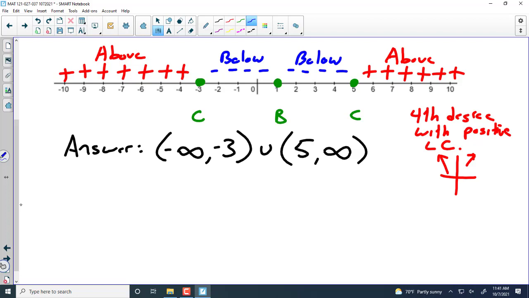And I use parentheses because it was just a greater than, not a greater than or equal to. Now that is one way to solve this problem, everyone. If that makes sense to you, you're in really good shape. If it doesn't make sense to you, I've got something else for you.